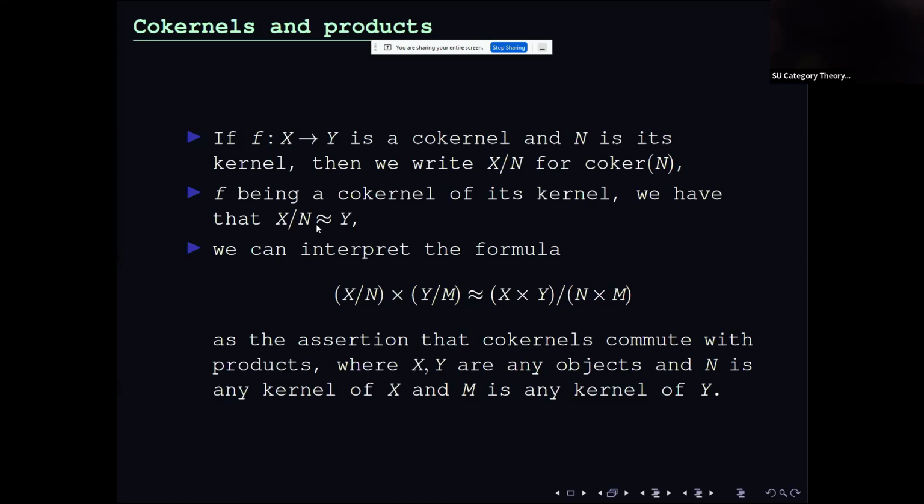So a co-kernel is always the co-kernel of its kernel. And that allows us to interpret this formula here in a pointed category simply as the condition that co-kernels are stable under binary products. And so that's how we'll interpret the formula exactly.